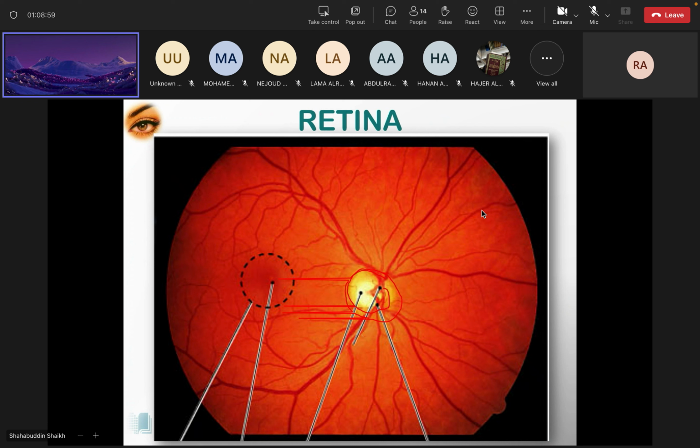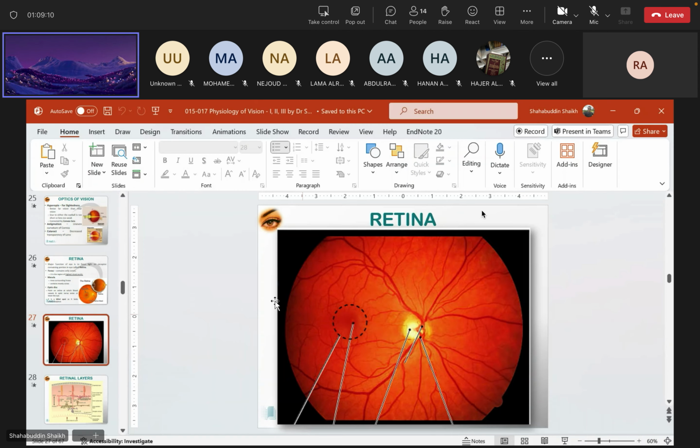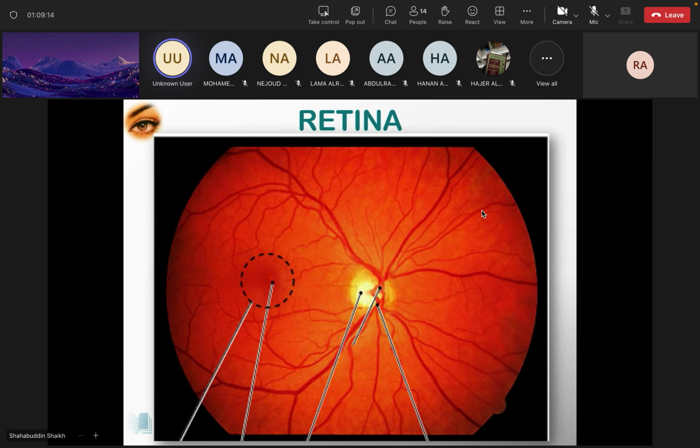Therefore, it is called the blind spot. Our optic disc is called the blind spot. Please remember this. Are we clear till this part? So now you appreciate the importance of the optic disc.